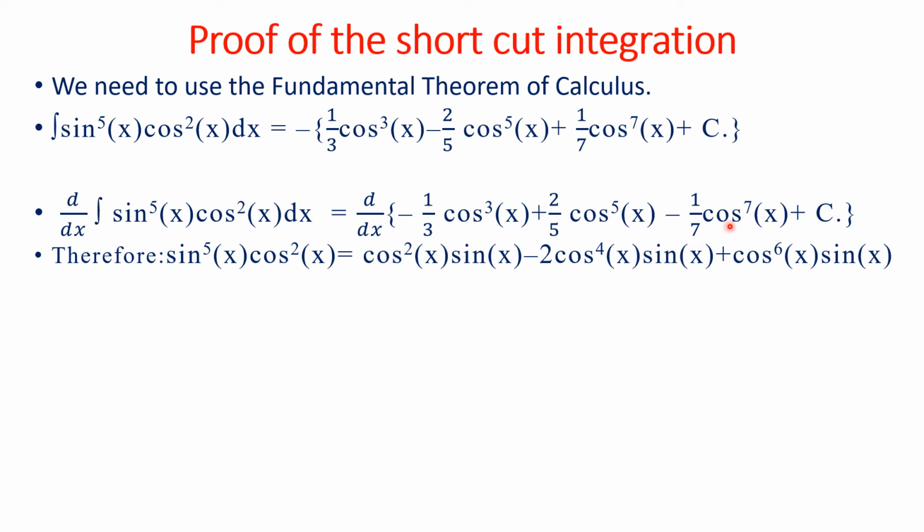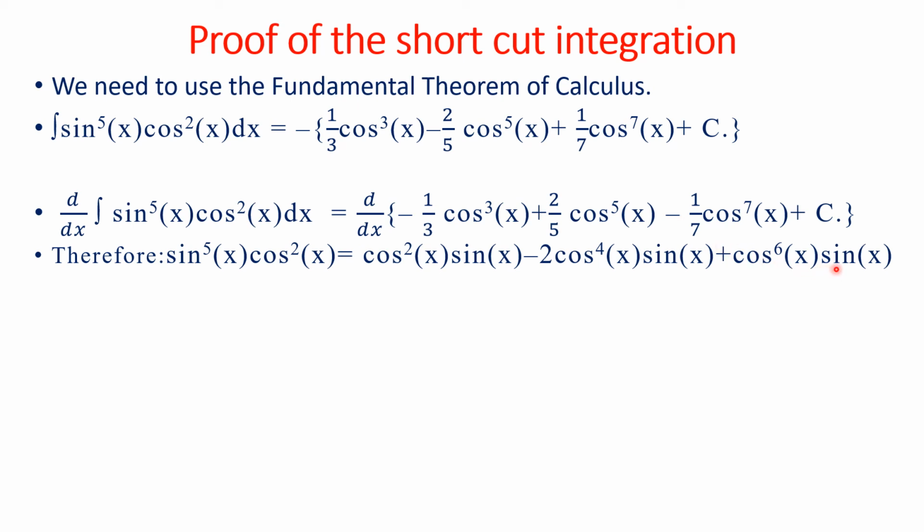Likewise, for cosine to the power 7 x, we do the derivative of the outside. It will give us 7 neutralizes 1 over 7. So we will have just cosine to the power 7 minus 1. And since we have to do the derivative of the inside, that's going to give us negative sine x, and negative will neutralize this negative, so we'll have positive.